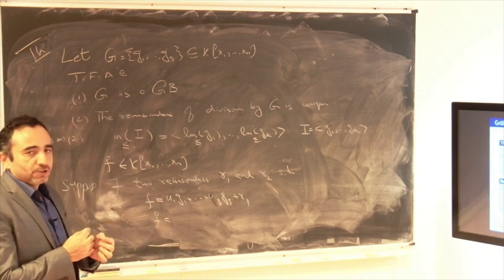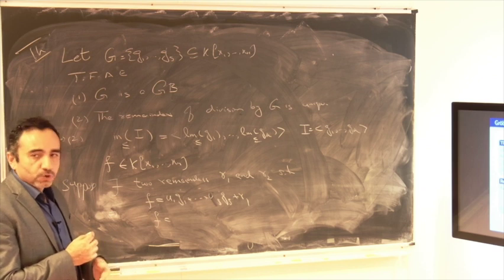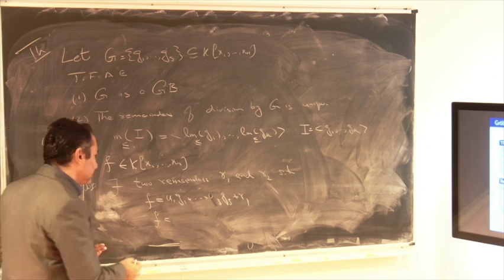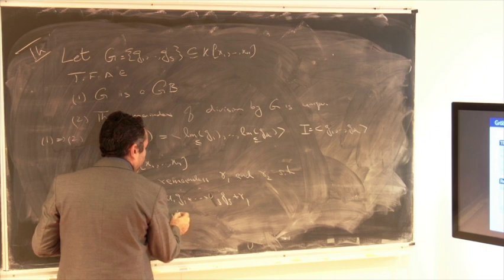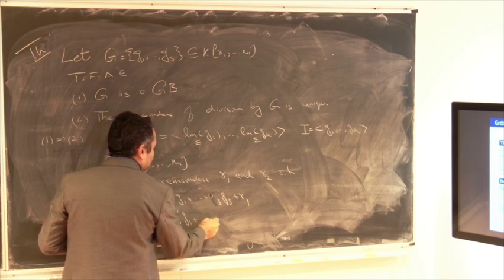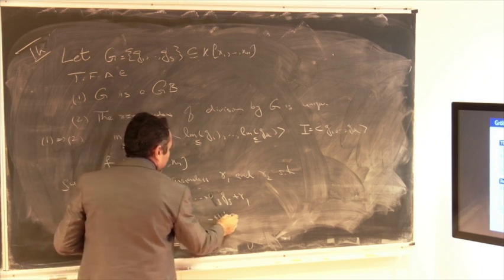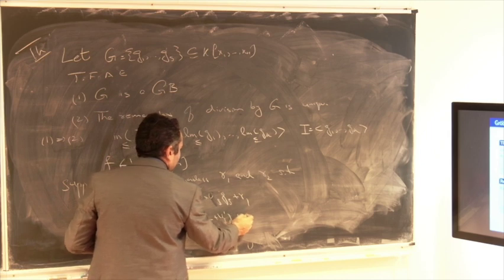You remember when we change the order, not only can the remainder change, the quotients can also change. So let's say the new quotients give f equal to u1 prime g1 plus so on plus us prime gs plus r2.